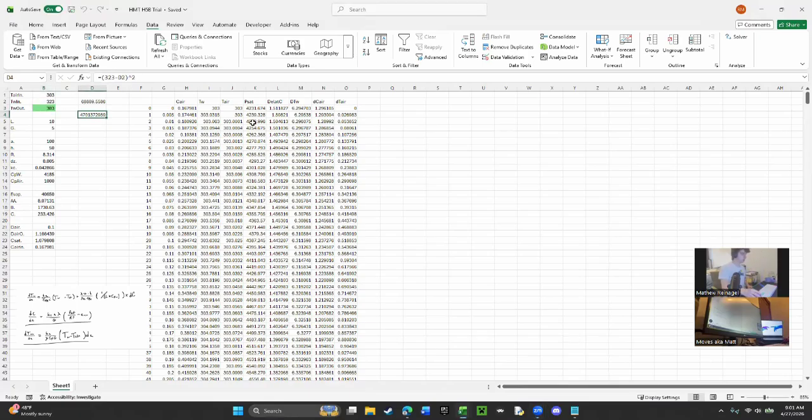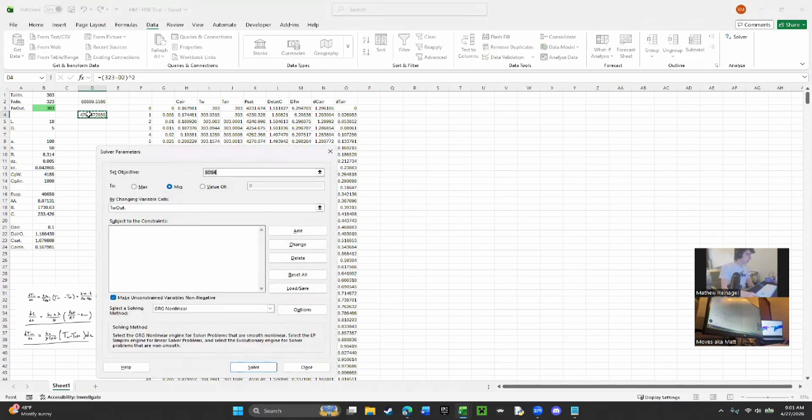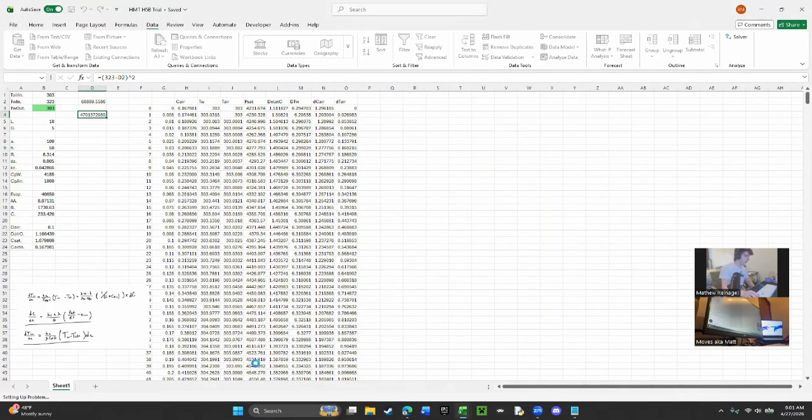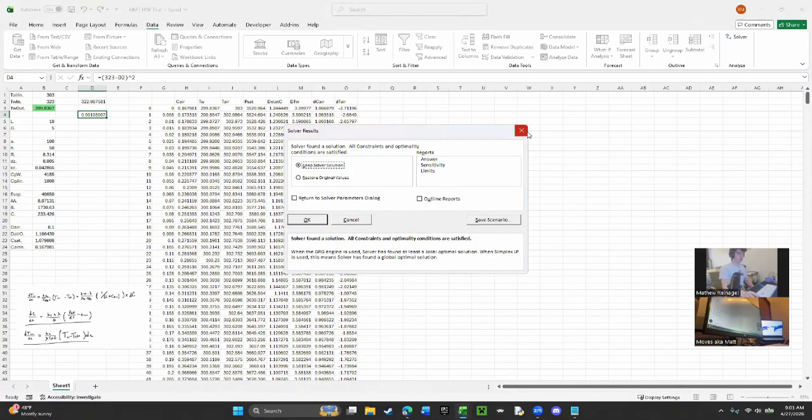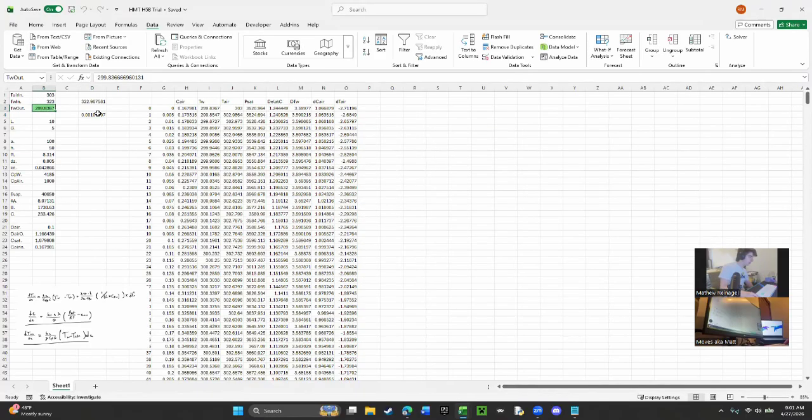The whole goal of this is to try to minimize this value by changing the temperature of the water coming out. That will allow us to find the actual temperature going out of our system. So we wait for Solver, and you can see this is very close to 300 degrees Kelvin. This is about the temperature they would want.